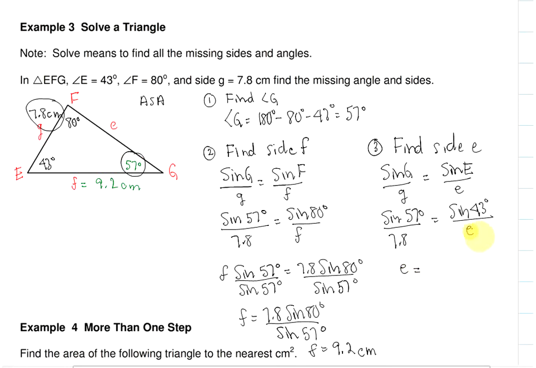So to do that, I'm going to go 7.8 times sine of 43. And I'm going to divide by sine of 57. Okay, and so when I plug all of that into my calculator, I get approximately, and this is all approximate, right? 6.3, and I will put that on my diagram.